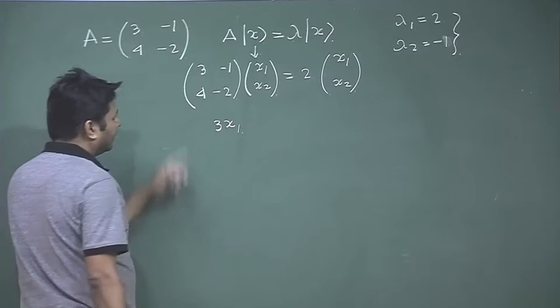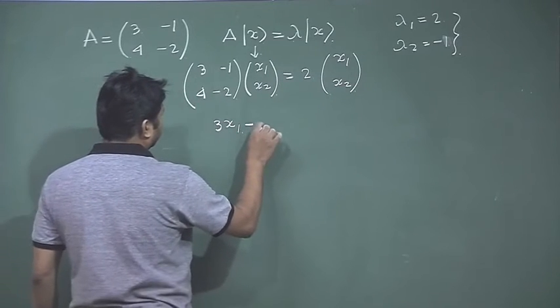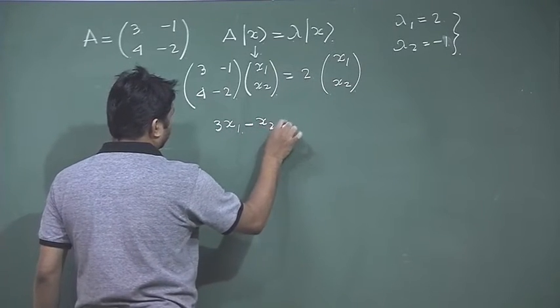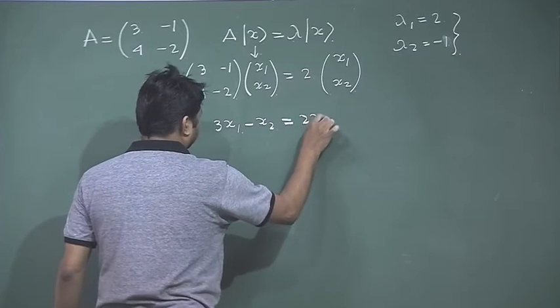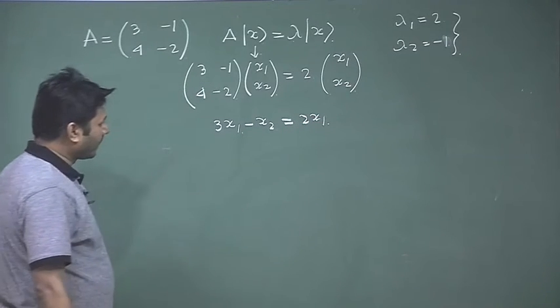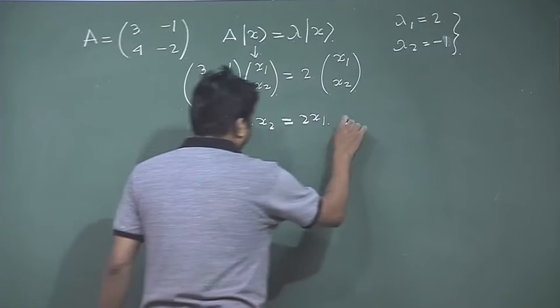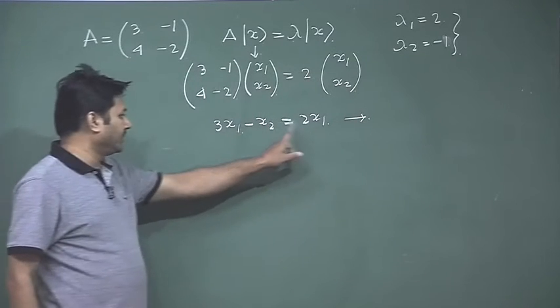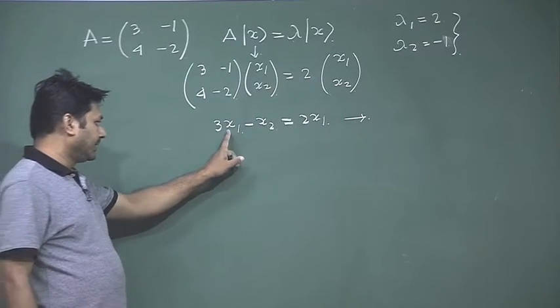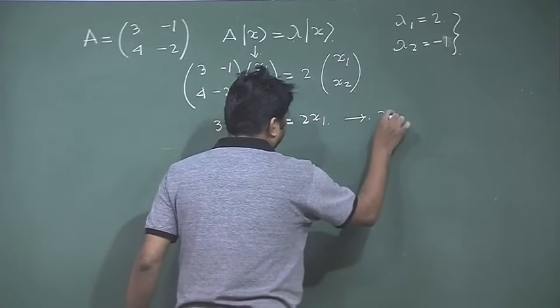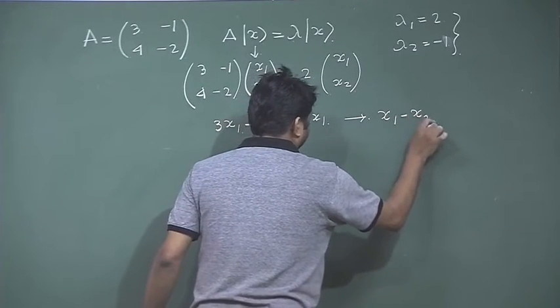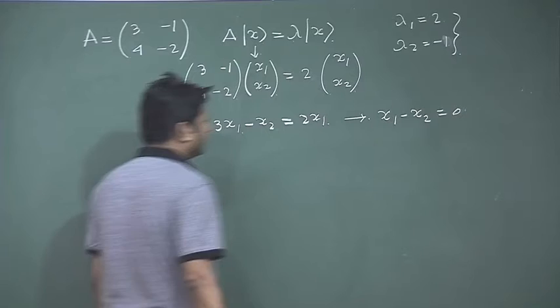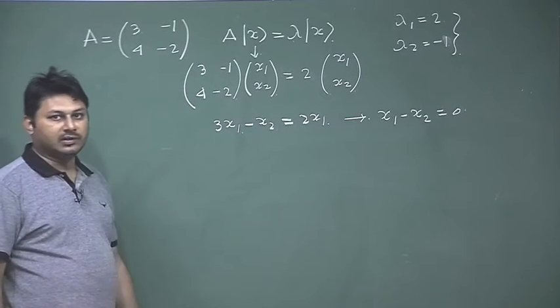3x1 minus x2 is equal to 2x1, the first equation. From here, if I move the 2x1 over, it will be x1 minus x2 is equal to 0. This is my one equation in a simplified form.